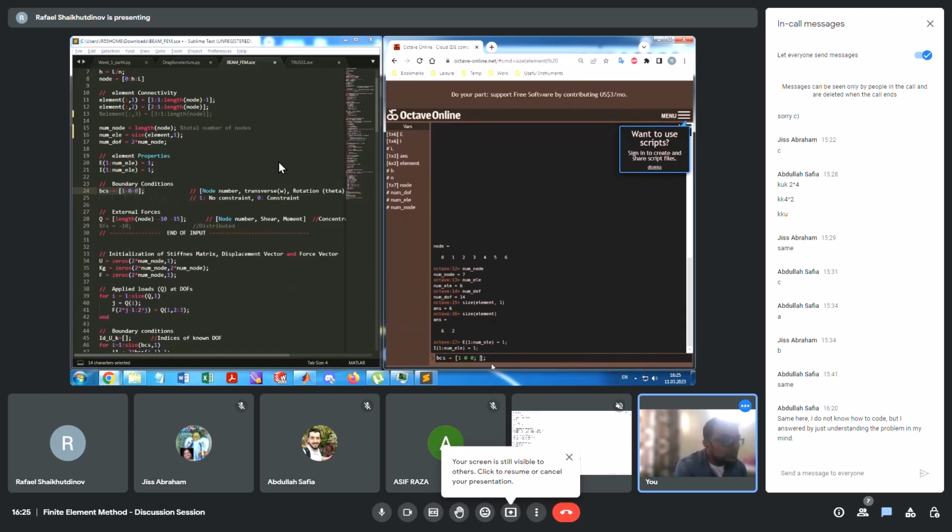I understood this. We need to fill our boundary conditions for each node. Yes, but your problem is different. That could be modified to this thing only. Okay, so you can just keep it as it is as of now.